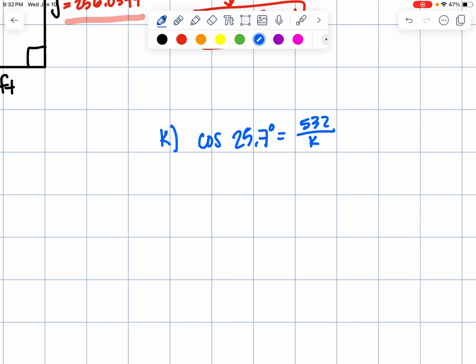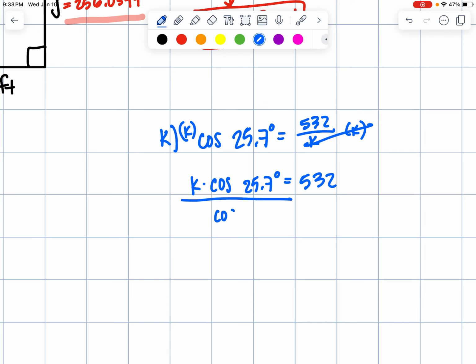From here, just like in the first example of the day, we multiply both sides by k. The ks cancel out on the right, and we get k times the cosine of 25.7 is equal to 532. To get rid of the cosine, we have to divide it out. Cosine 25.7 is divided on both sides.